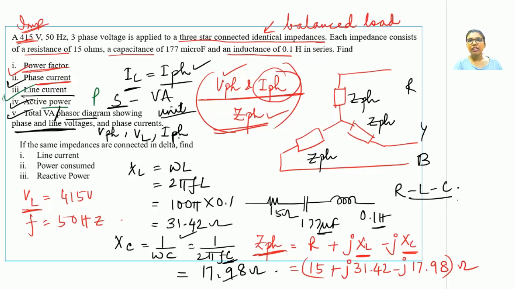So there will be only one difference in this phasor diagram. The entire phasor diagram would remain the same. Over here, we have to draw the phase currents. And now we know what is the angle between the V phase and the I phase. So that has to be mentioned on the phasor diagram. So let us draw the phasor diagram. In order to draw the phasor diagram, there has to be a reference.